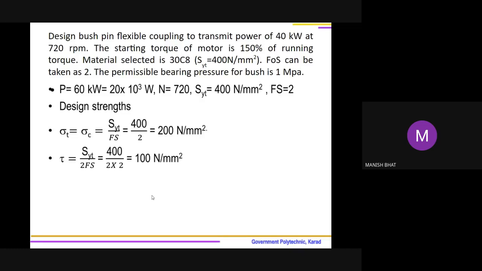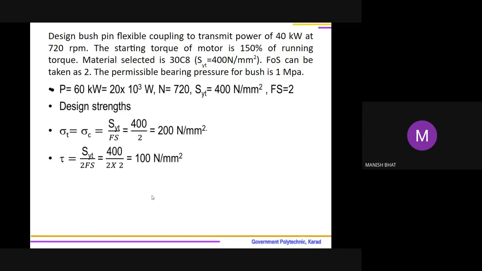It is mentioned in the problem that we are supposed to design a bush pin flexible coupling to transmit 40 kilowatt at 720 RPM. The starting torque of the motor is 150% of running torque. Always starting torque is larger.